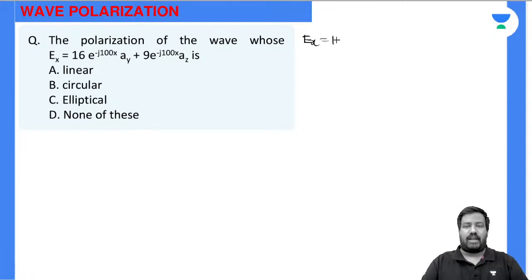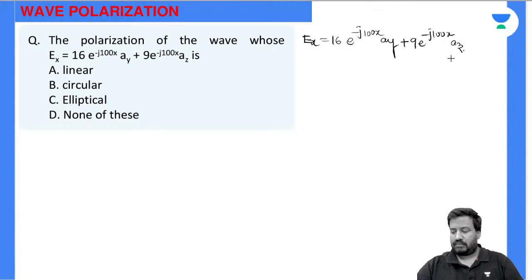Given Ex is equal to 16 e power minus j100x ax plus 9 e power minus j100x az. Tell me the polarization.